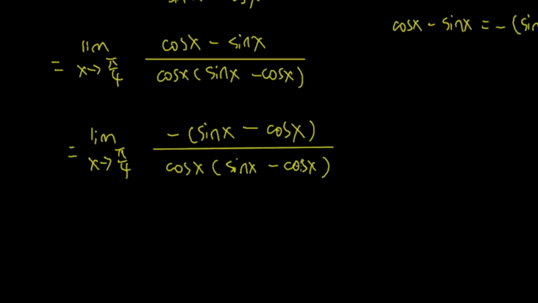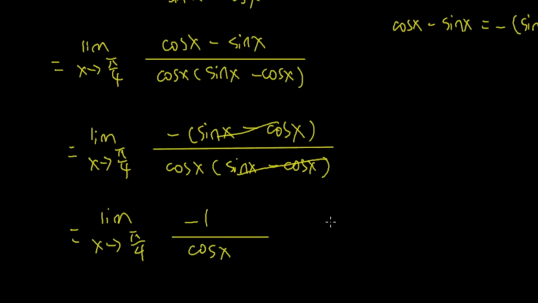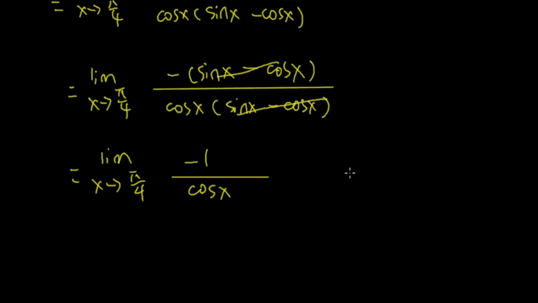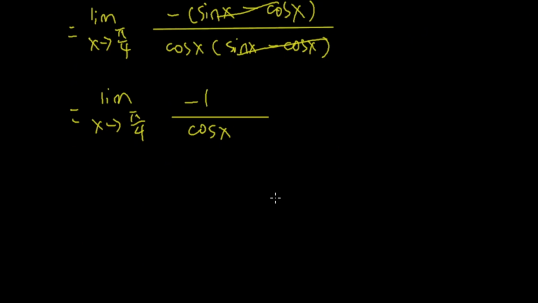Okay, now what can we do now? This and this are the same, right? So this and this cancel out. All I have left is just limit as x approaches pi over 4, negative 1 over cosine x. Okay, now what we can do is plug pi over 4 into x here. That's equal to negative 1 over cosine pi over 4.